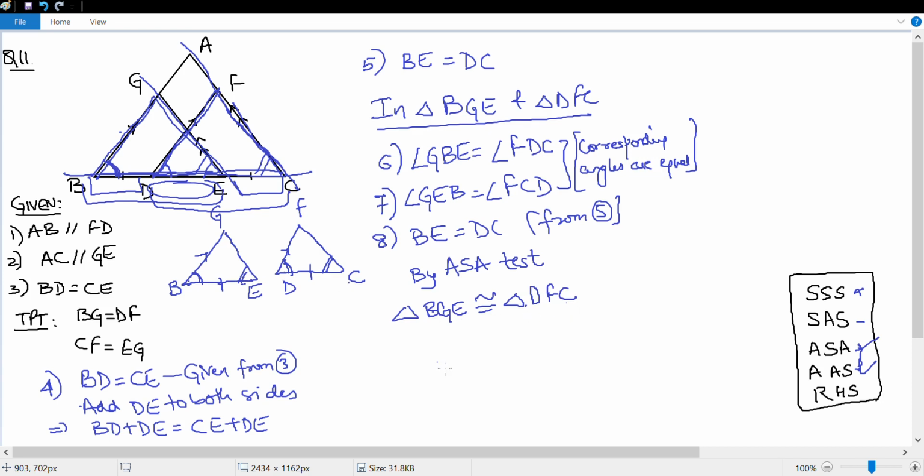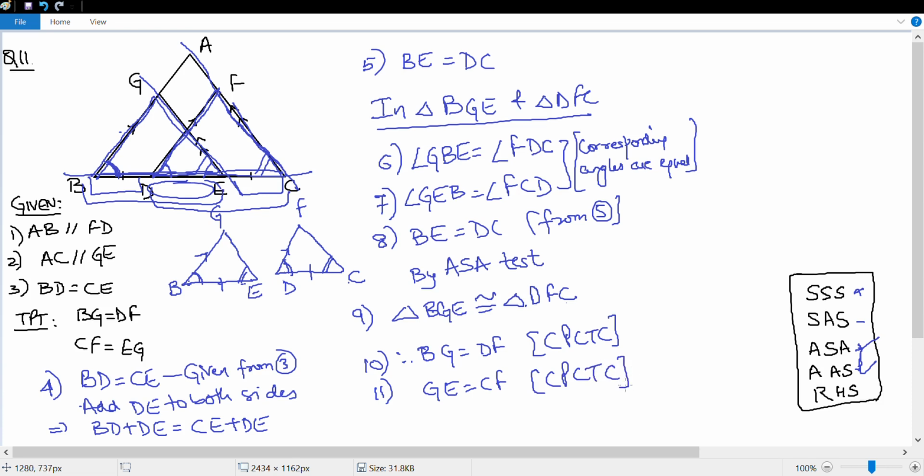Perfect. Let's see what they want me to calculate. BG and DF, so that gives me, this is number 9. Number 10 will be, therefore BG is equal to DF. This is CPCTC. Done. Let's look at CF is equal to EG. CF is equal to EG, also from the same one. GE is equal to CF.